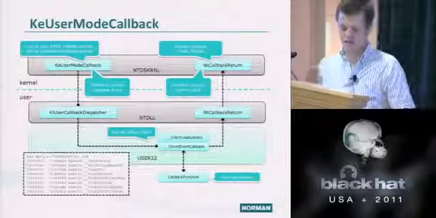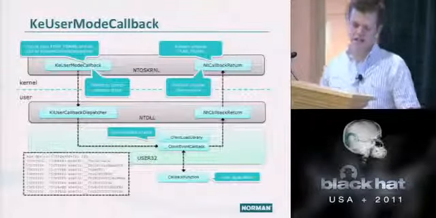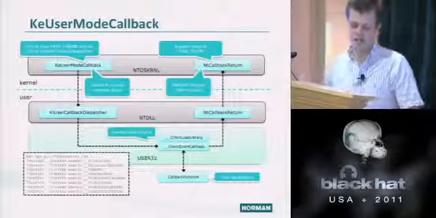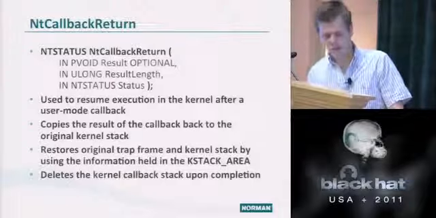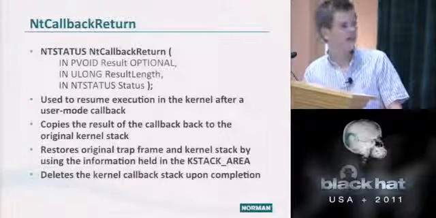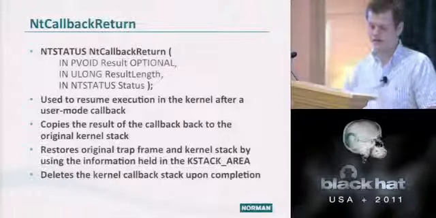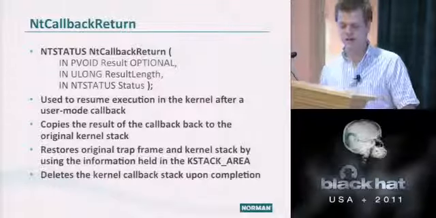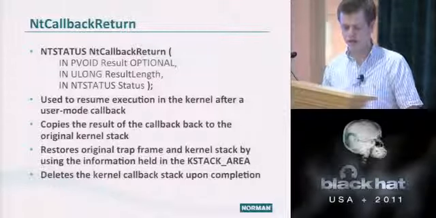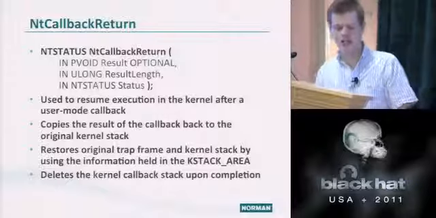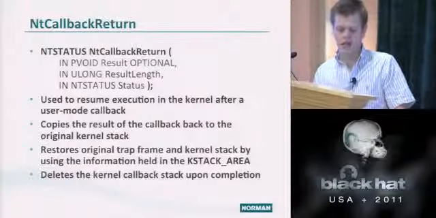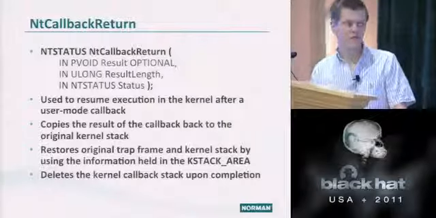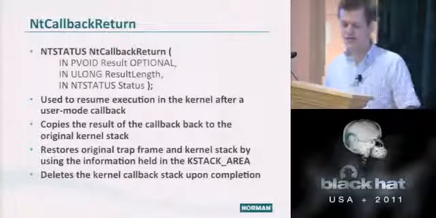This reverses the setup, restores the original thread stack, cleans up and continues where you left off. So NtCallbackReturn is the function that returns. It also deletes the kernel callback stack upon completion, and copies the result back to the kernel thread stack.